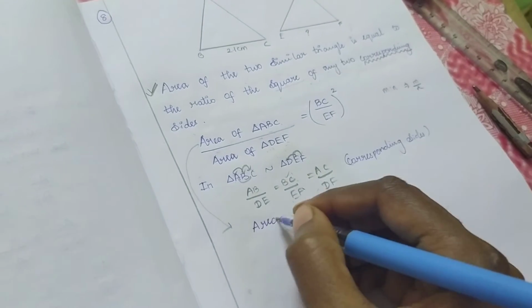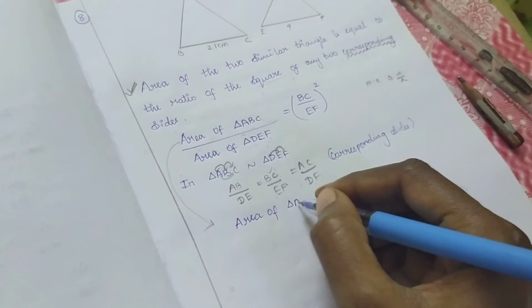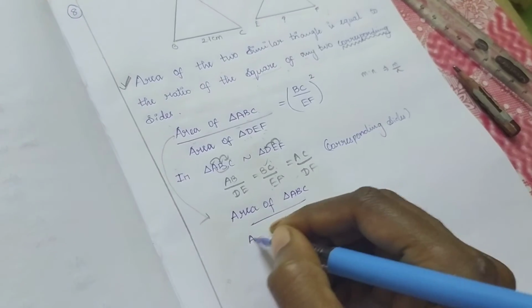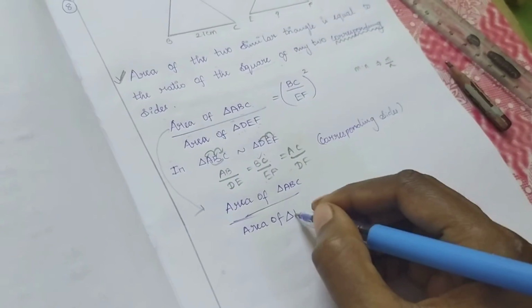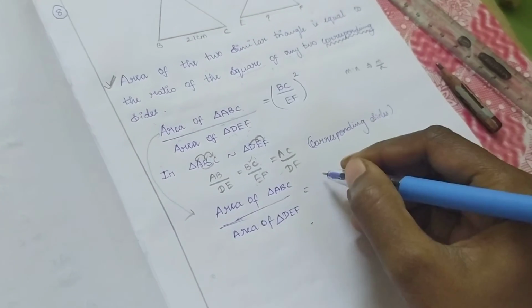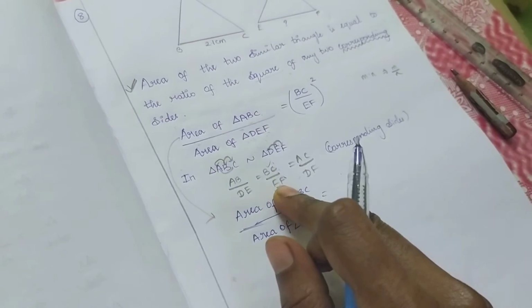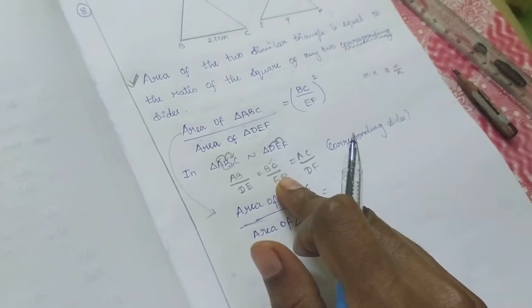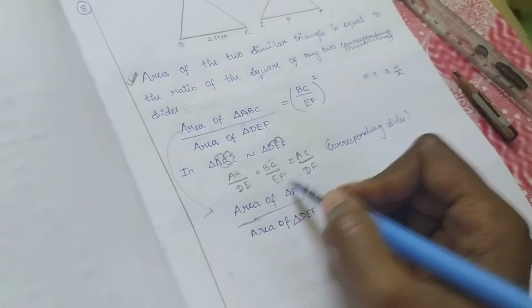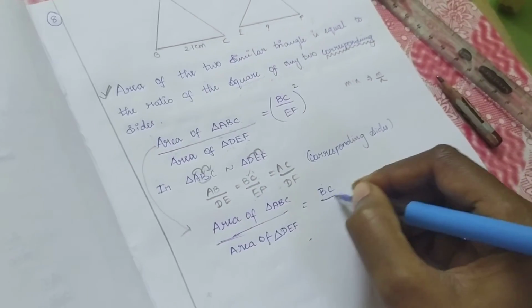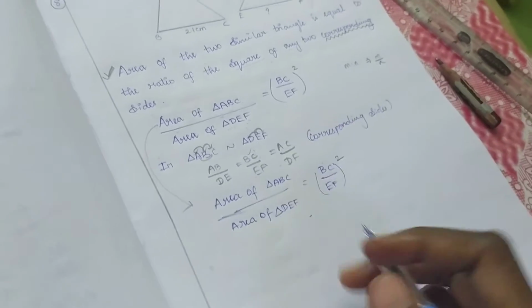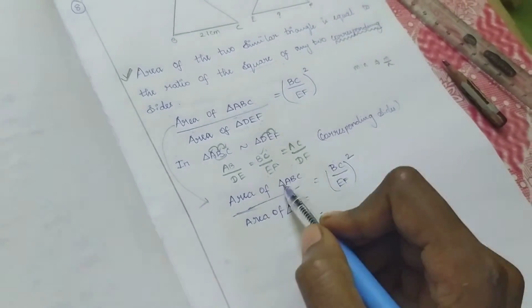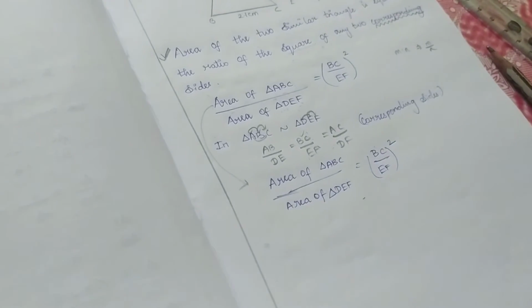So area of triangle ABC by area of triangle DEF. This is one of the formulas. You should remember this. For my convenience, I am taking BC by EF because I need EF, since in the question they are asking to find EF. They mention the square of that ratio. The area of ABC is already given.